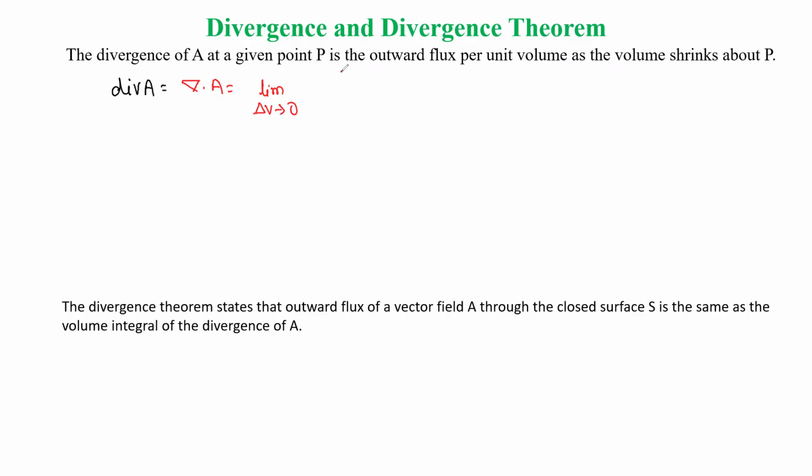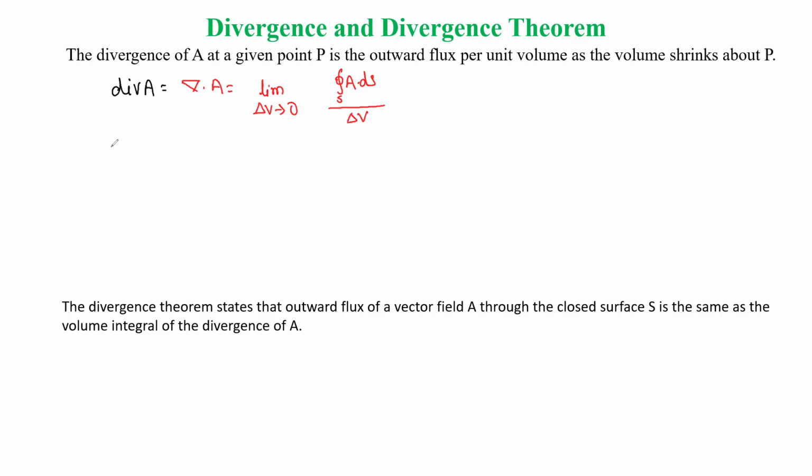Finally, here we have to consider the surface integral of A over the closed surface. When the surface is closed, only then does it form a volume. And this is divided by del V. So this is the definition of the divergence.